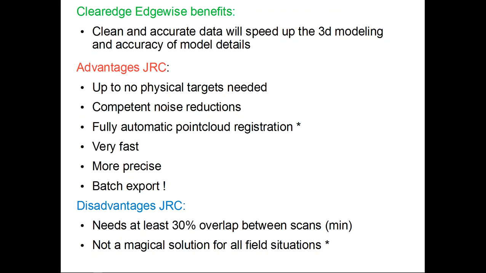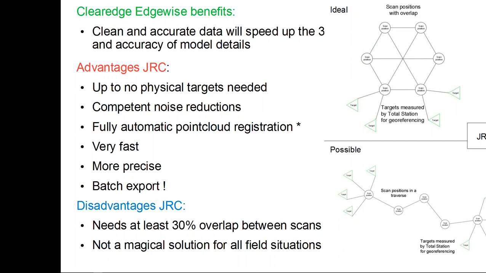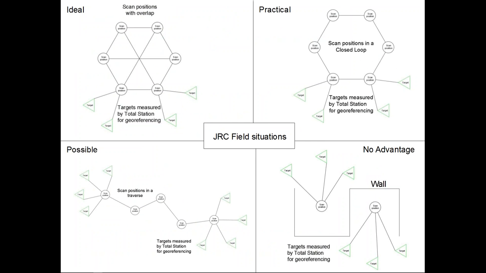And for that, I am going to go forward. And here we have the typical situations that we identify on site. The ideal situation, in the top left corner, is when scans have overlap, identified here in the small schematic with lines between the scan positions, which are the round circles.